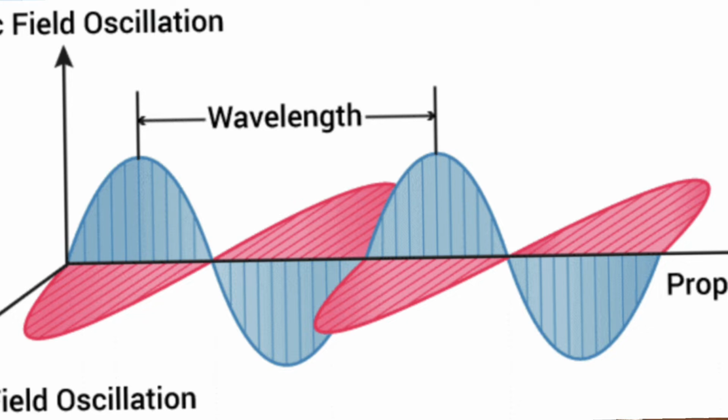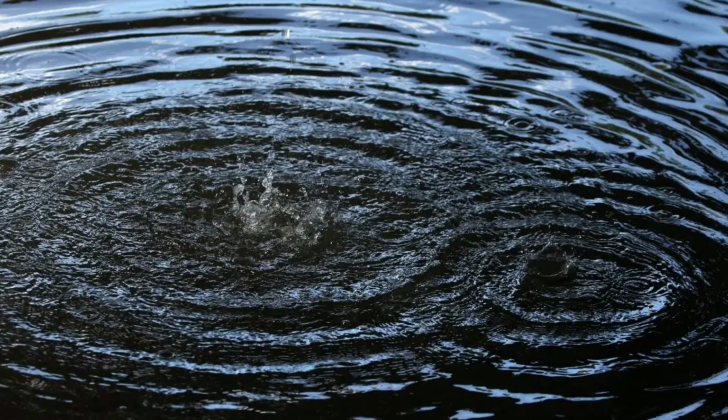What is the wave nature of light? That means, what is the nature of light? Previously, whenever you throw a stone in a still pond, how does the water travel?